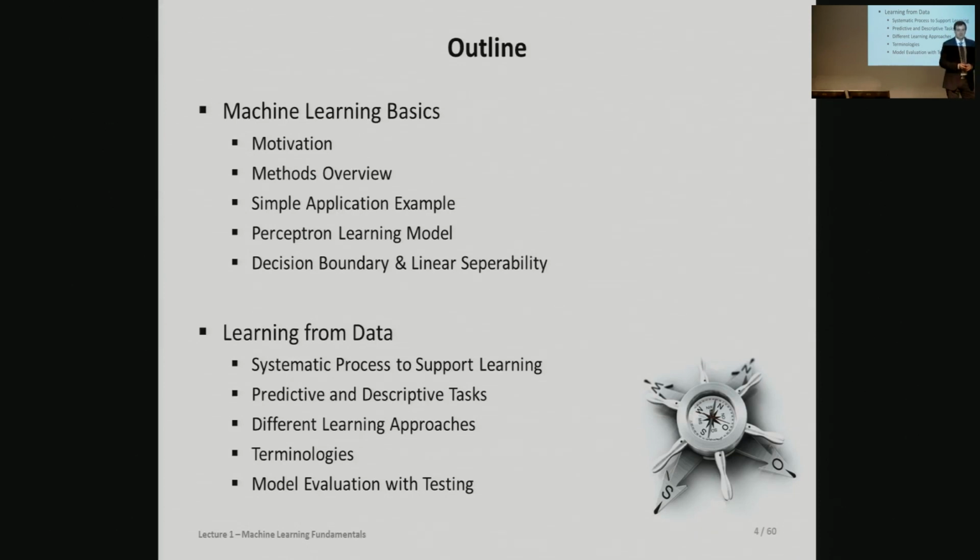But basically we then have the chance to go through the systematic process step by step with some examples. Then machine learning and data mining have different tasks, like predictive and descriptive tasks. We'll talk about this. And then there are lots of different learning approaches and methods, but you can categorize them into 3 different areas: supervised learning, unsupervised learning, and reinforcement learning.